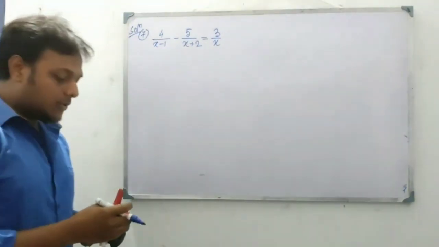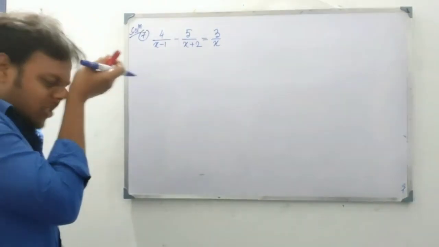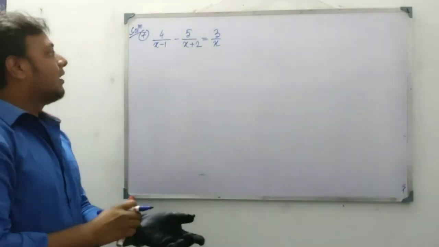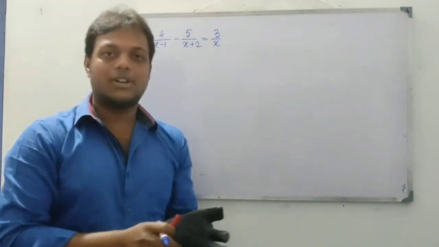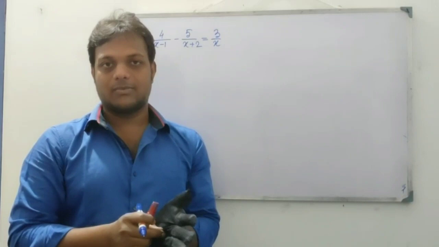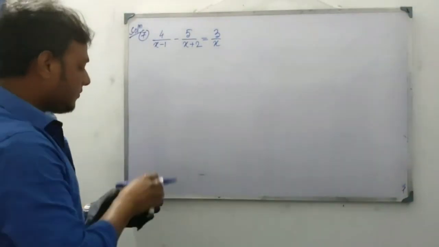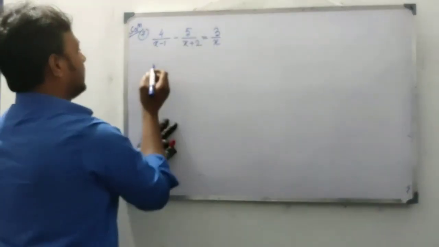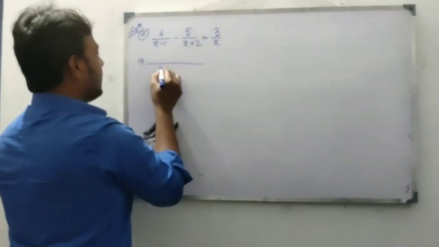So this is also a quadratic equation, but unfortunately the quadratic equation is not in standard form. Okay, so first we have to convert this quadratic equation into the standard form. So how can we convert? Just simplify it. Then first I am considering the LCM, straightforward way.